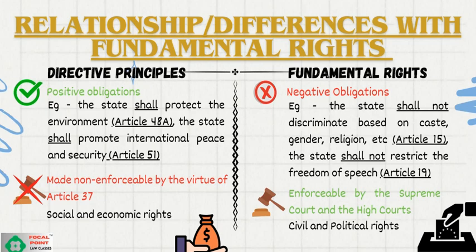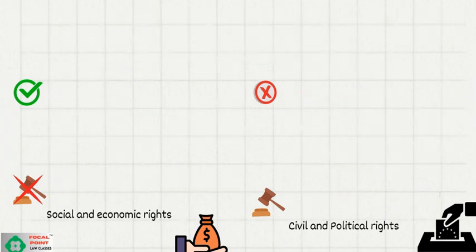I am now confident that the difference between fundamental rights and the directive principles is clear to all of you. In the next slide, we shall look at some of the important examples of the directive principles.